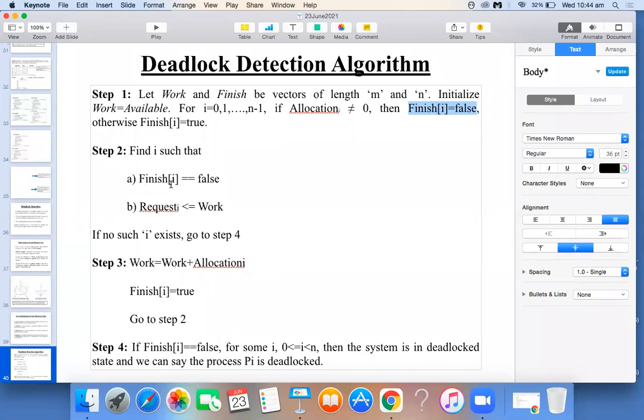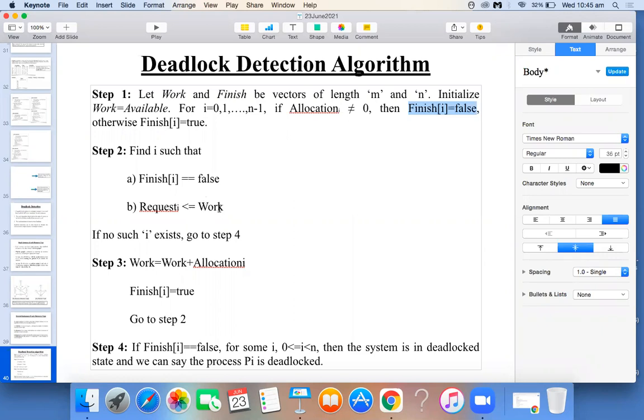Next, step 2b: check request of i less than or equal to work. In your problem they will give the request matrix also. For that particular process which is not executed, you have to check what request it is making. Your request should always be less than or equal to work.